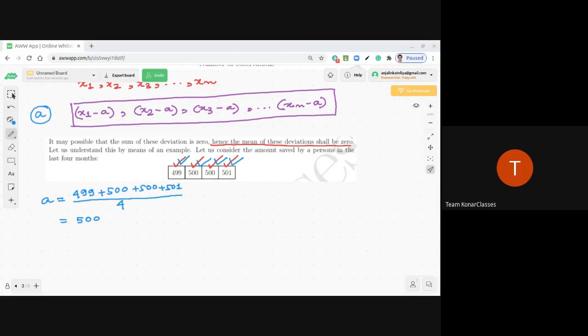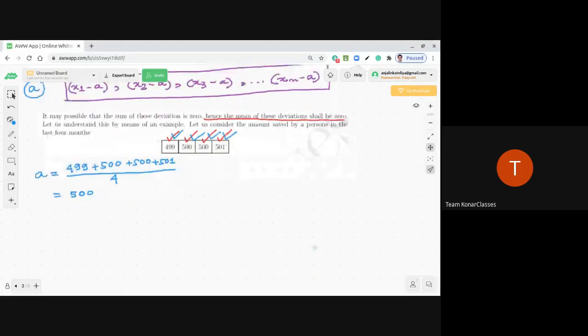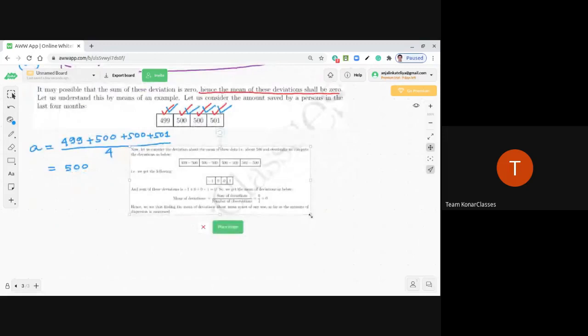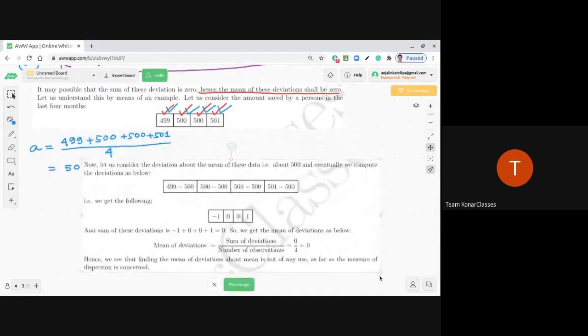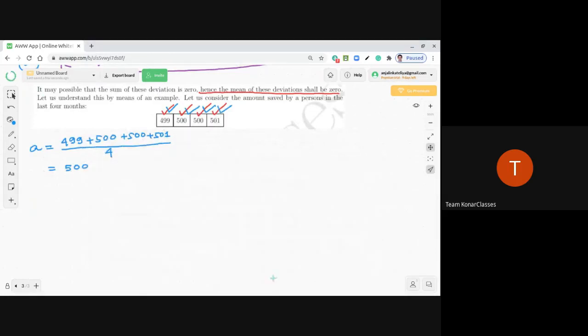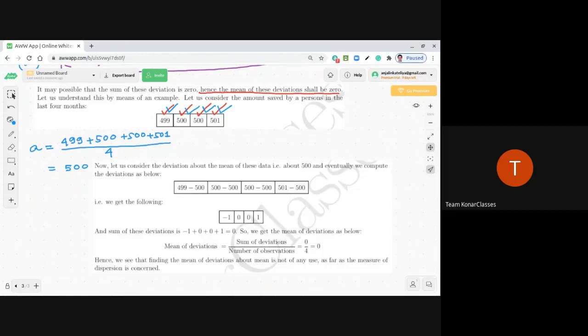Let me give the entire note relevant to this particular discussion, and then let us discuss from there. So now, if you see, dear students, all this difference from the value a, which is 500, what are the differences we are getting?